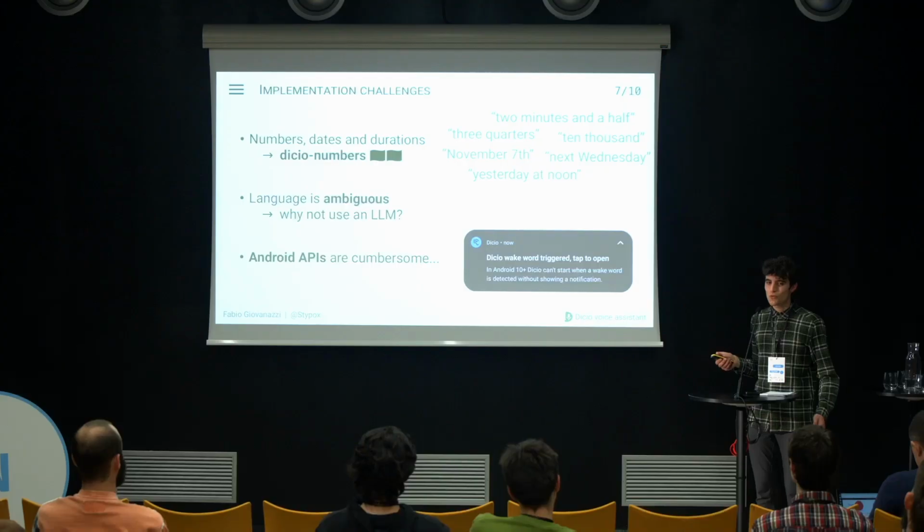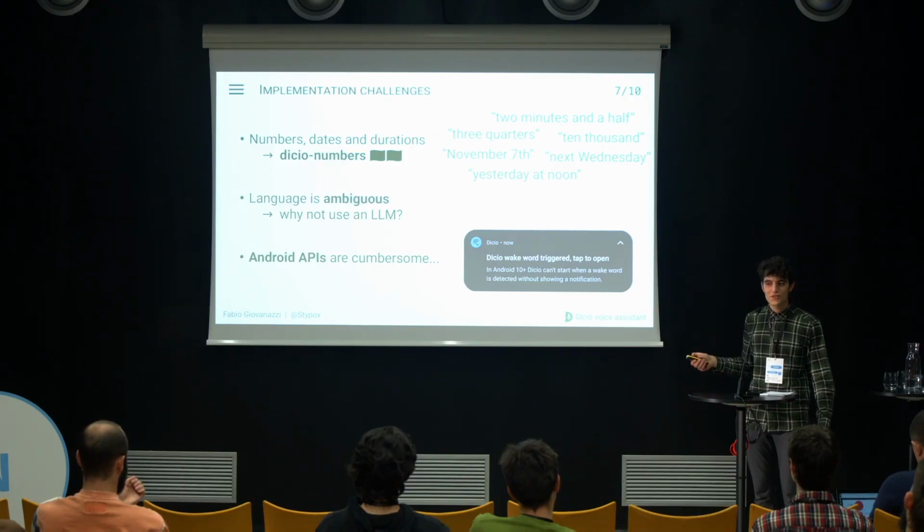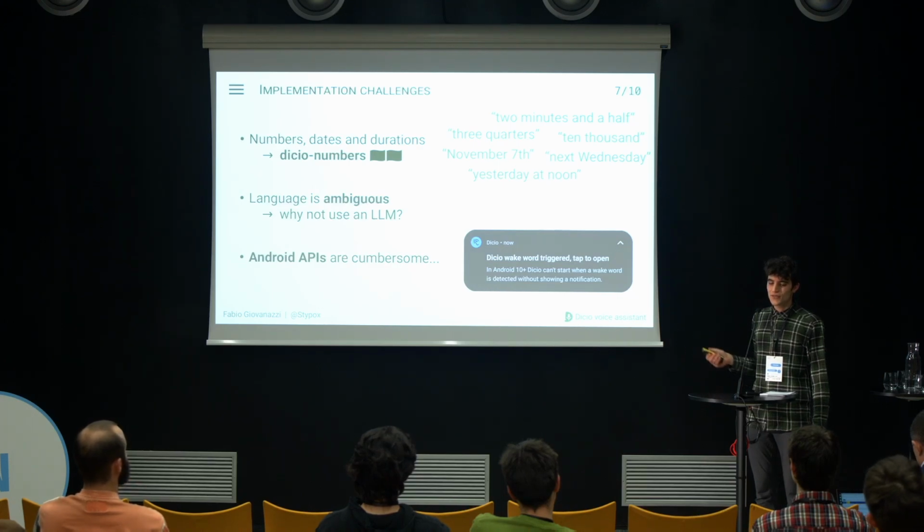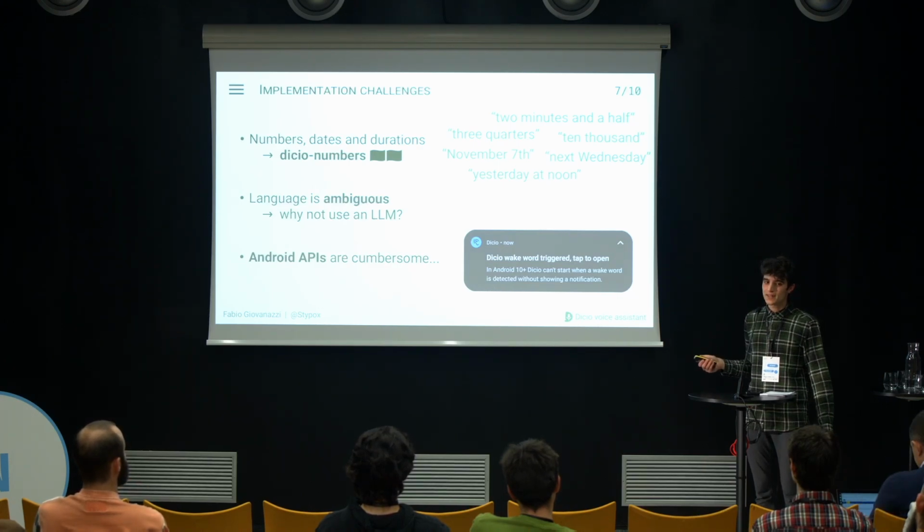Another thing I get asked sometimes is, why don't you just use an LLM, which already is able to interpret language well, as we know? Well, because the point of Dicio is to work entirely on device. Running LLMs on device is not as fast as needed yet.